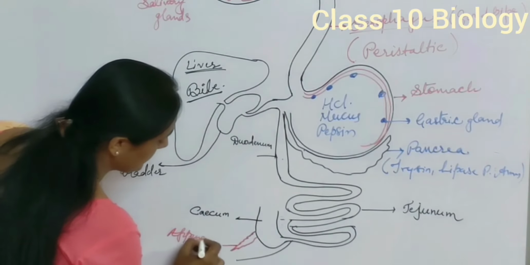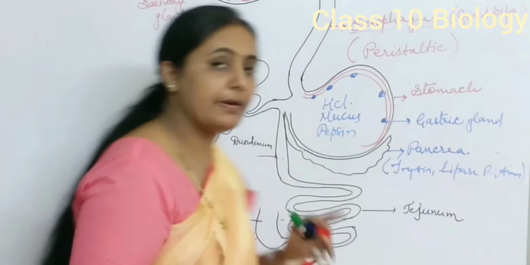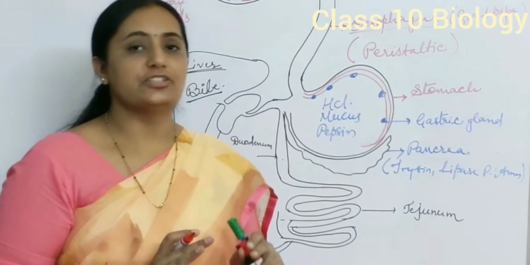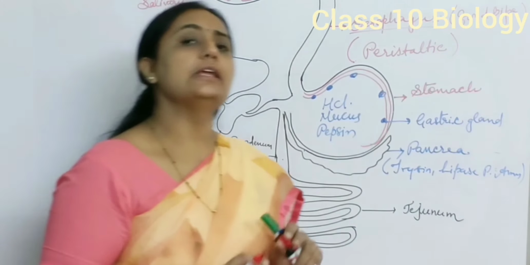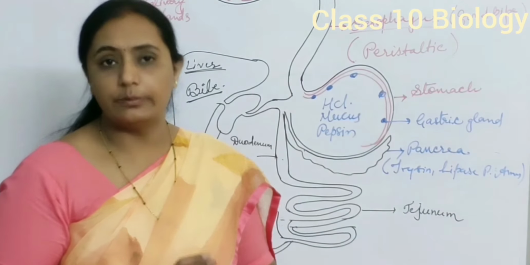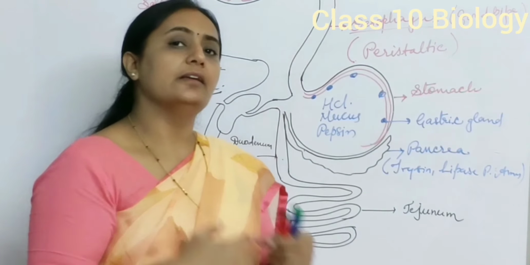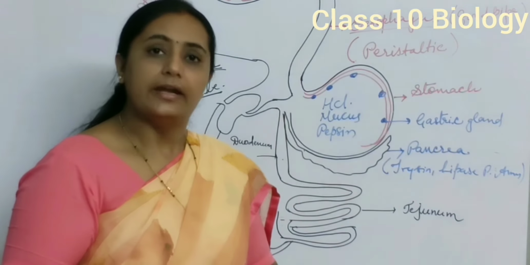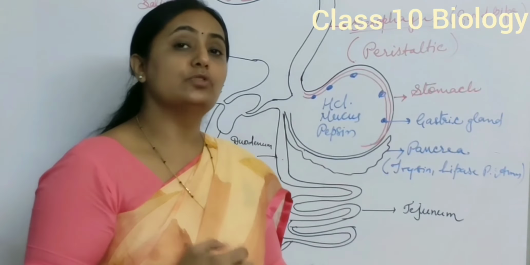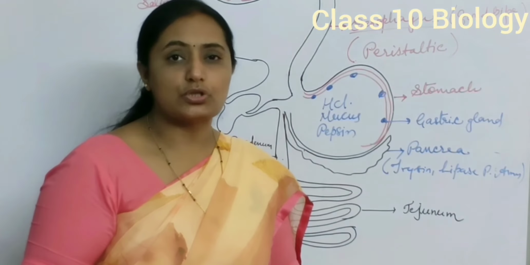This appendix is totally a vestigial organ. There is no role of the appendix in the process of digestion. It is just an evolutionary sign present till now in human beings. Earlier in primates, it was used for digestion, to store some useful bacteria and some enzymes, and help in the process of digestion.